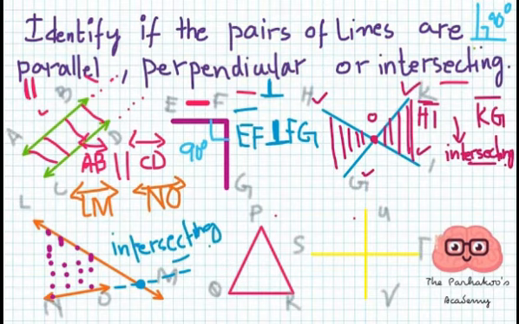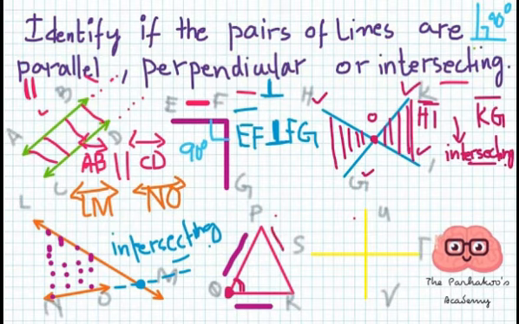Now here, let's suppose line segment PQ and QR. They are meeting at a point and they are forming an angle. So these are basically intersecting lines.